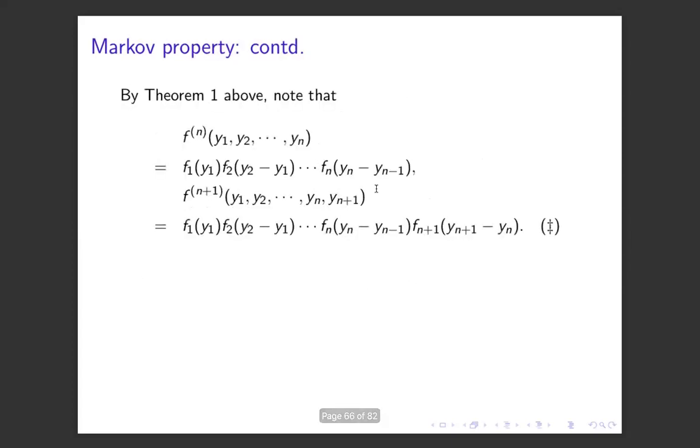Here it will correspond to Yn and Yn plus 1. And instead of all these things, it will be substituted by something similar to this, just the probability density function of Bt1 evaluated at that Yn.